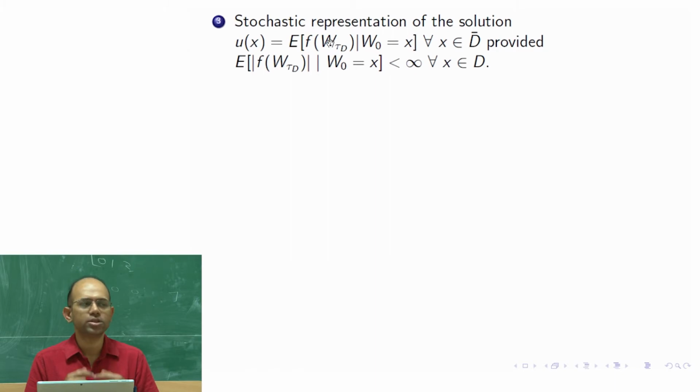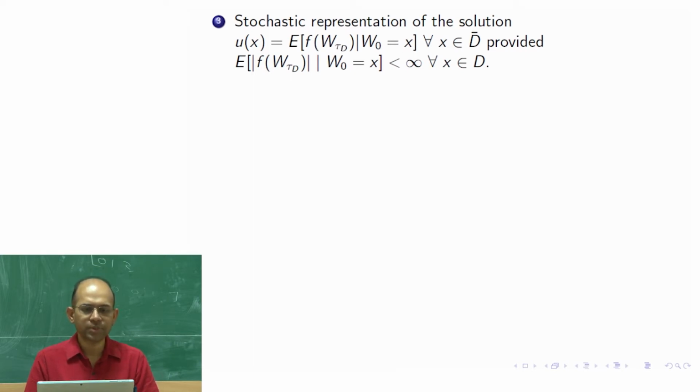Capital W is Brownian motion or Wiener process. Tau D is the stopping time of Brownian motion touching the boundary of the domain, or in other words, the hitting time of the boundary of the domain. This formula depends on F and D, and given any small x inside the domain, we can find this expectation.